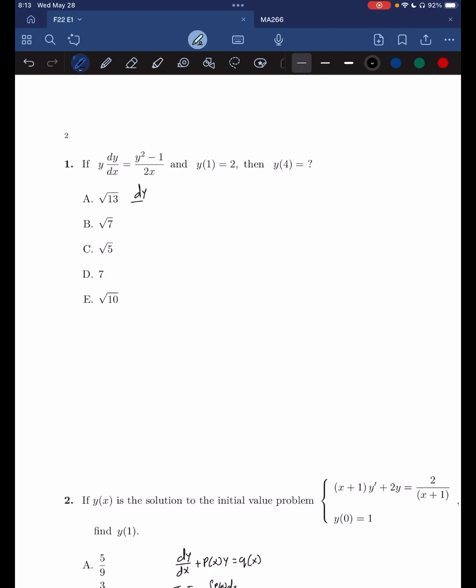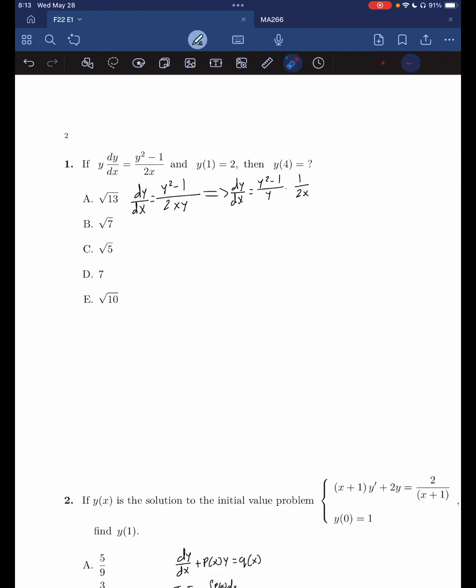So let me rearrange some terms real quick. I'm going to divide the y over, which gives me something like this, and I'll rewrite this to make something easier to see. So we can also say that this is y squared minus 1 over y times 1 over 2x. You'll see why I do that in a second, mostly because now we have two very explicit terms consisting of our y's and our x's.